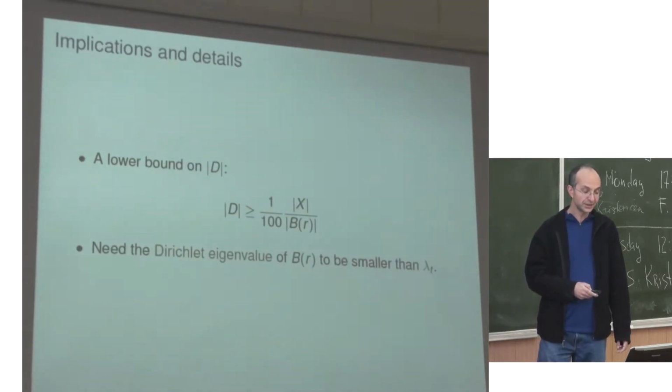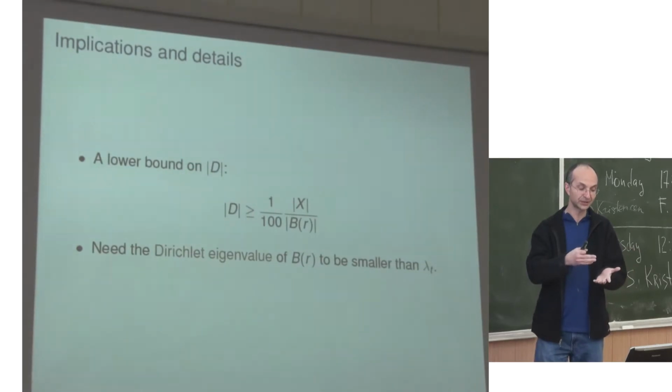So what we need, a necessary condition, is for the Dirichlet eigenvalue of this ball to be smaller than the T's eigenvalue, right? Remember, we're taking simple functions as the first T plus 1 eigenfunctions. So we have eigenvalues lambda 0 up to lambda T. And we need something to be smaller than the smallest of these eigenvalues, which is lambda T. And the Dirichlet eigenvalue, for a manifold, is the solution of the Dirichlet problem.